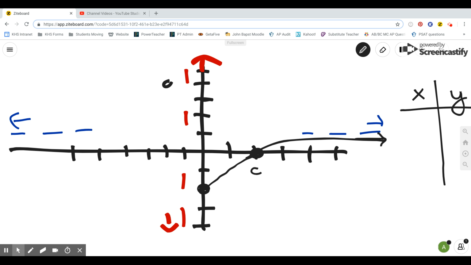And I can't go back up because that would require crossing the x-axis, which I know I can't do because I only have x equals 2 for an x-intercept. So instead of turning back up, we are just going to follow that vertical asymptote down. And then I know that I have to be going in opposite directions around that vertical asymptote.